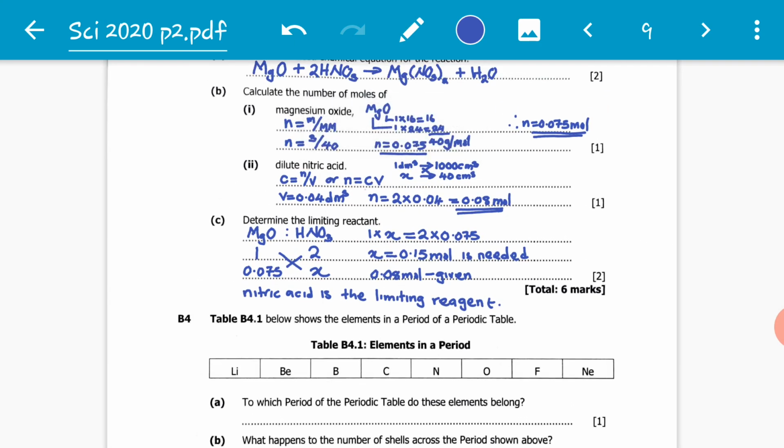So there we are. Nitric acid is the limiting reagent.